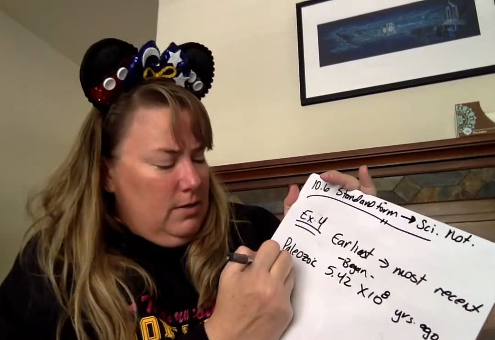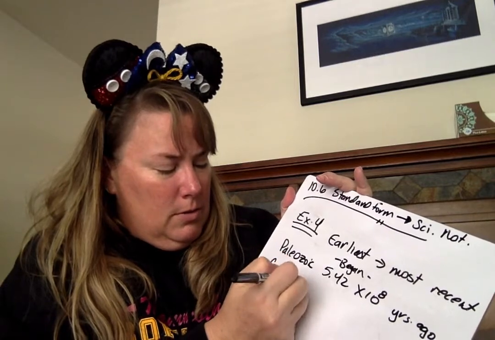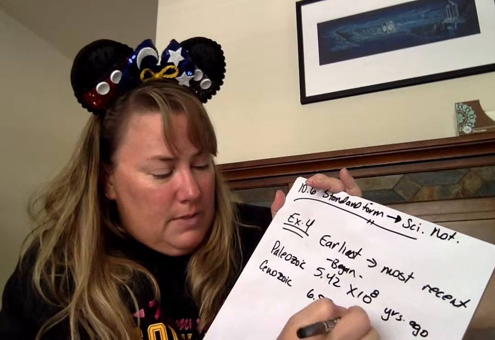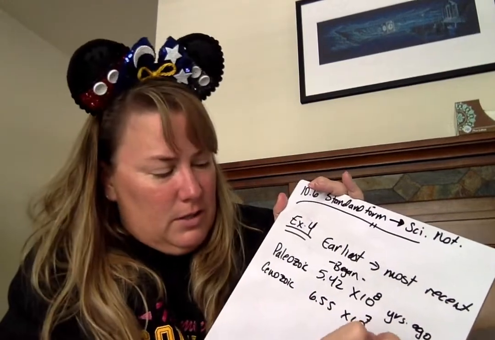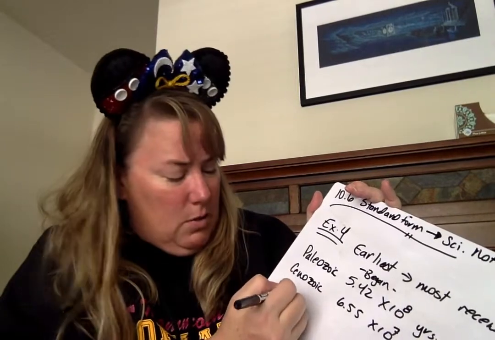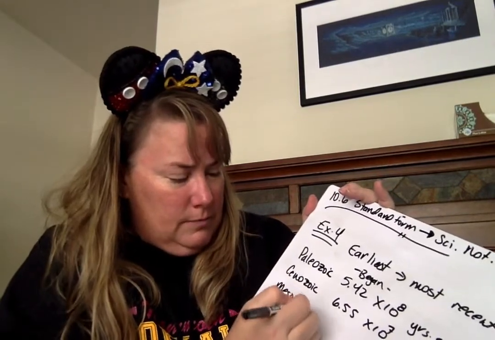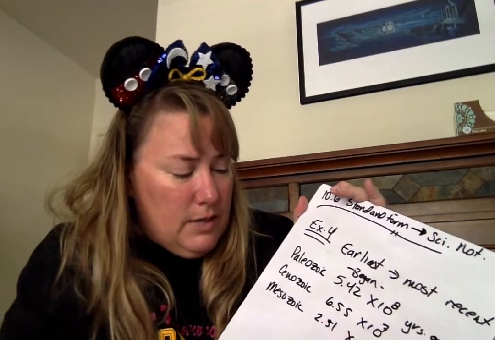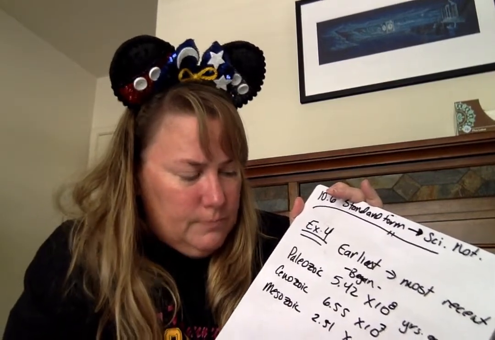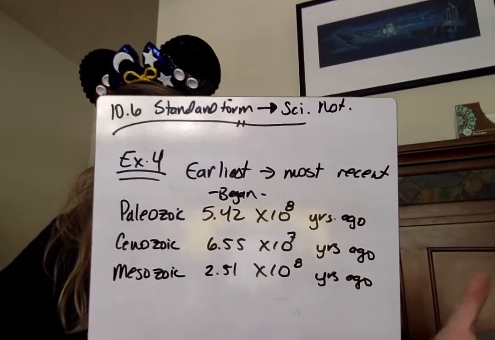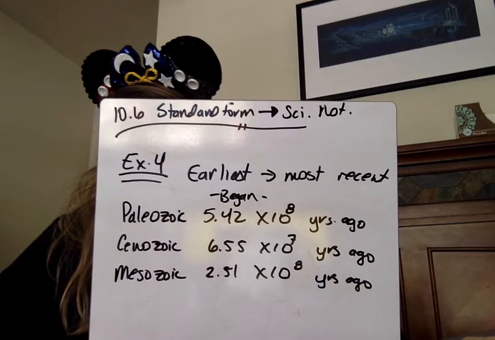And then the Cenozoic began 6.55 times 10 to the 7 years ago. And the Mesozoic began 2.51 times 10 to the 8 years ago. And so I just wrote down the eras from the book.